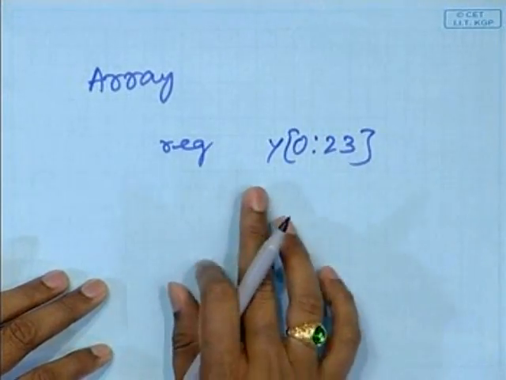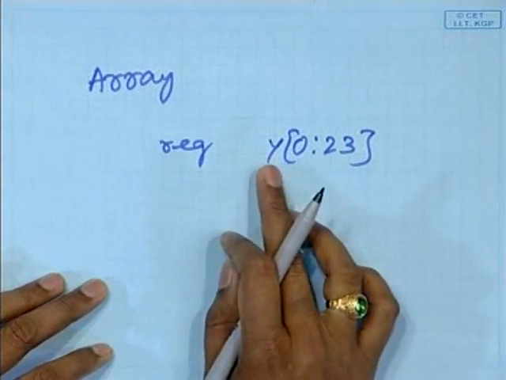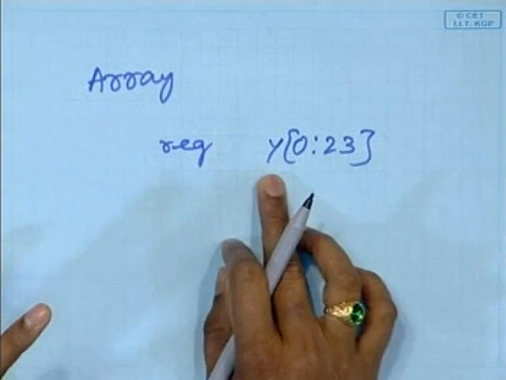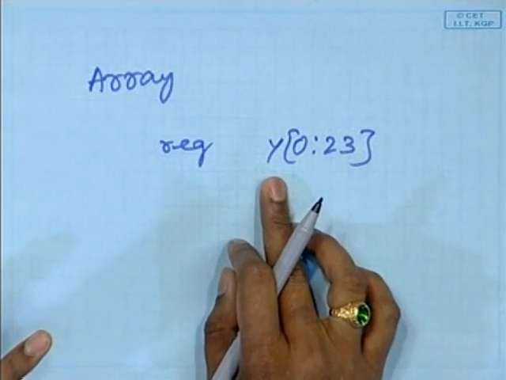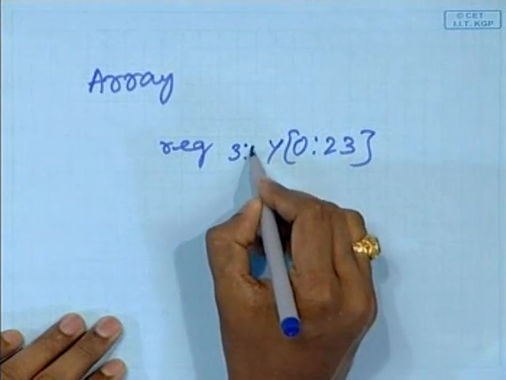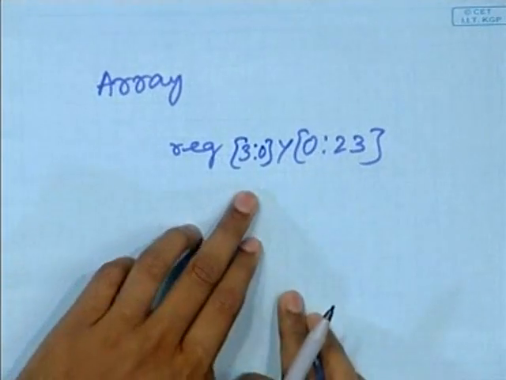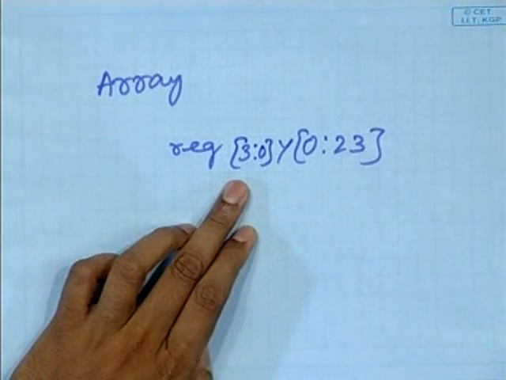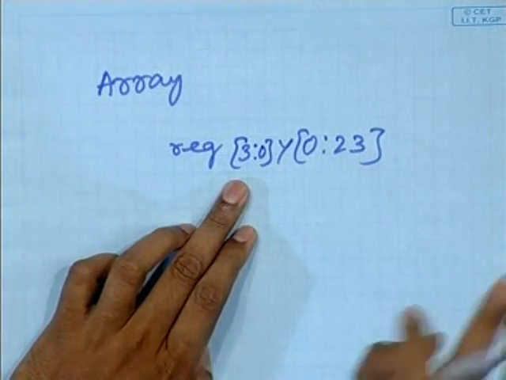If I don't assign any multiple bits on the left side, it is 24 elements with each element having a single bit. Suppose I assign bits on the left side, like a register vector of 3 to 0, then it will be 24 elements where each element is 4 bit.